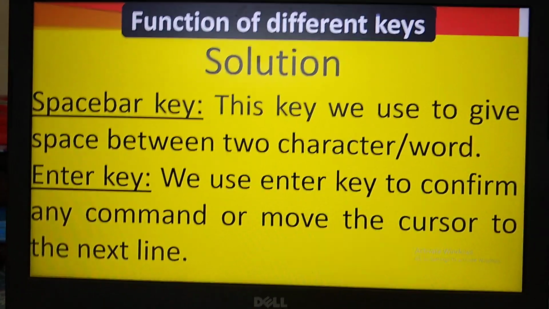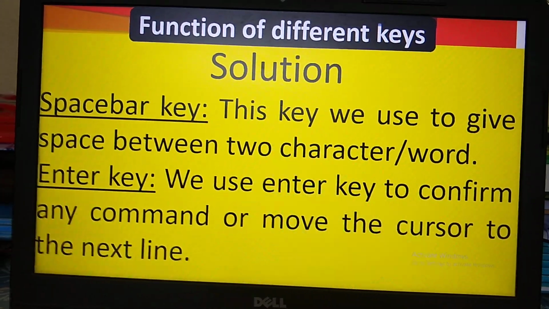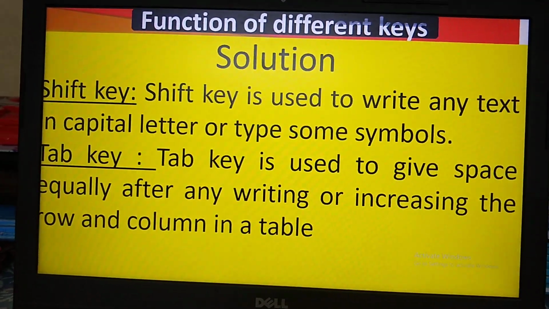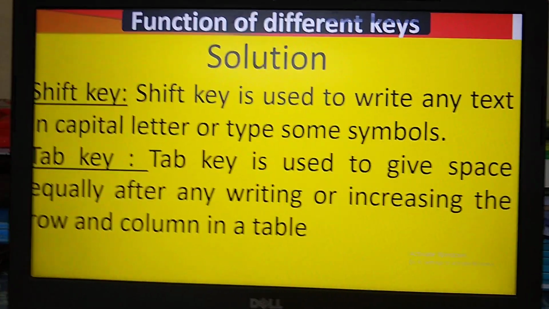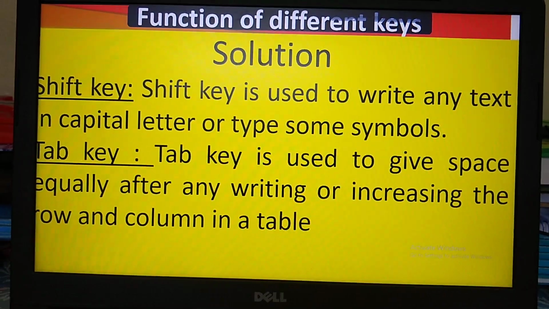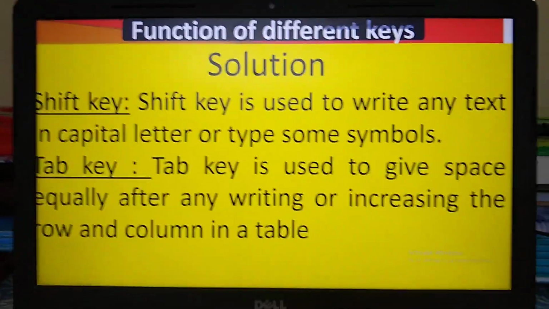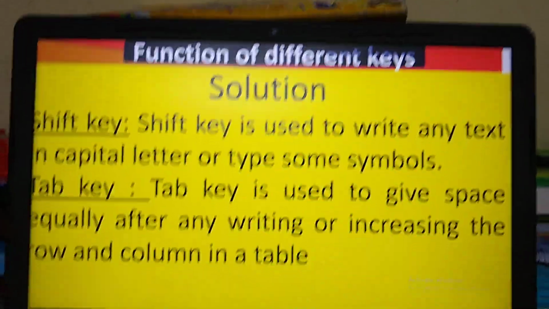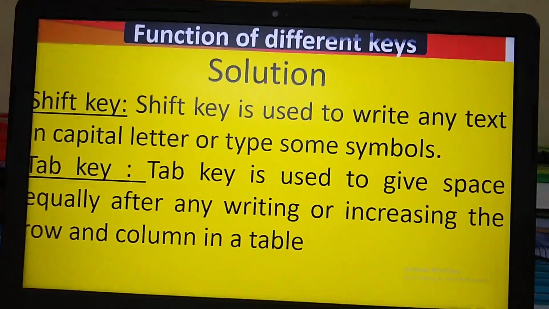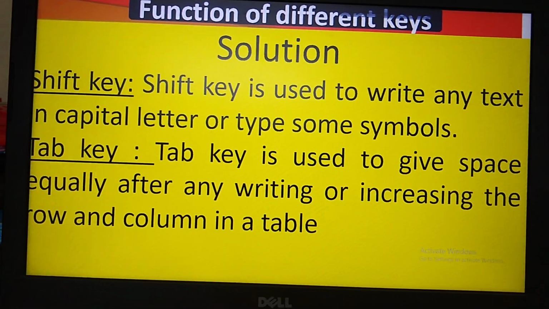We use the enter key to confirm any command or move the cursor to the next line. Then the shift key is also a special key which we use to write any text in capital letters or type some symbols. Then the tab key is used to give space equally after any writing, or to increase the rows and columns in a table.